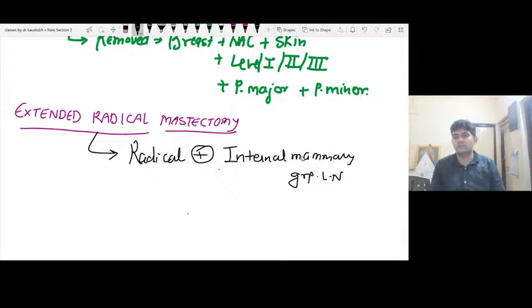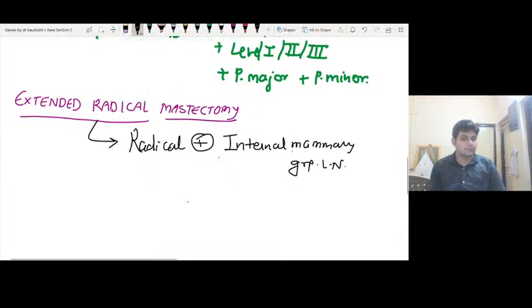Okay, so if you are removing the elements of Halsted's radical mastectomy plus you are removing the internal mammary group of lymph nodes, then we call it extended radical mastectomy.